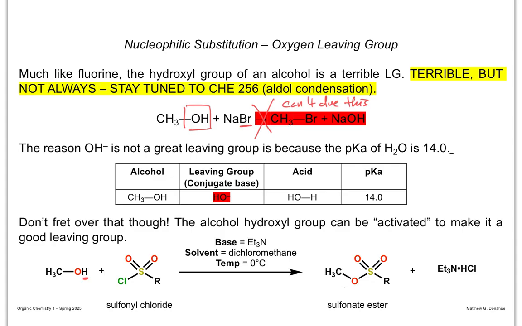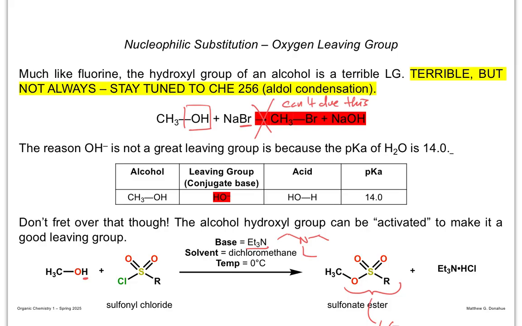And then overall, we make that a good leaving group. So if we react an alcohol with a molecule called a sulfonyl chloride in the presence of a base, triethylamine, so that's a nitrogen with 3 ethyl groups on it.